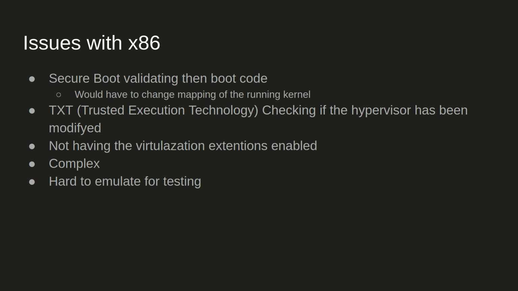The issues with x86. For what I want, I need to be able to create a hypervisor. To create a hypervisor and run it, basically I would either have to create a virtual machine. x86 is weird because it actually creates the virtual machine, the guest, as a process, which I find funny.